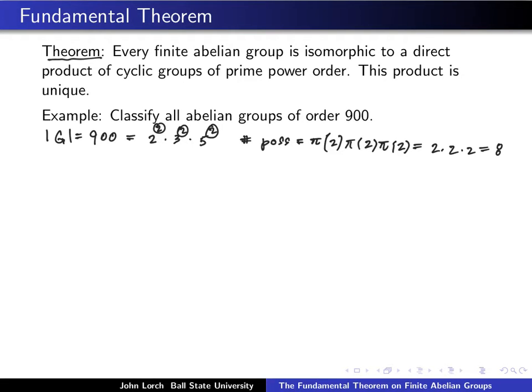So we could start like this. We could do Z4 cross Z9 cross Z25. So there it's each prime squared, right?